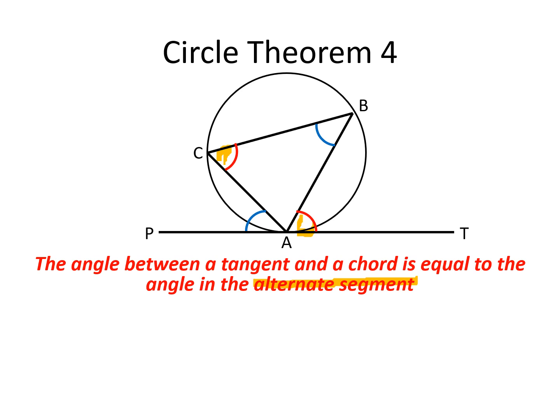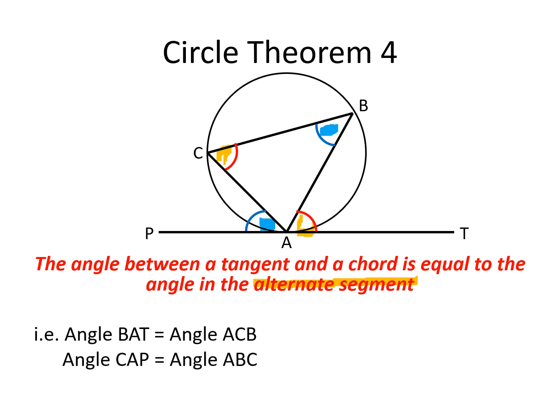And this angle here, so the one between the chord and the tangent, is the same as this one over here, and this is one of their favourite theorems to check. So we can just call that the alternate segment theorem.